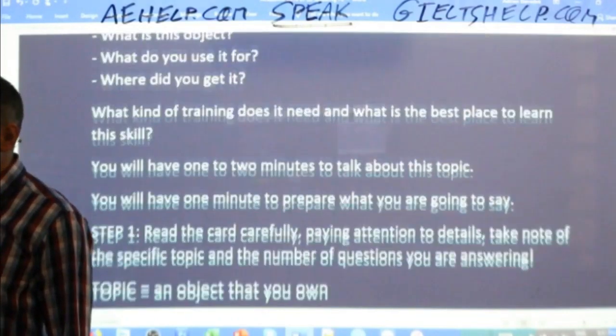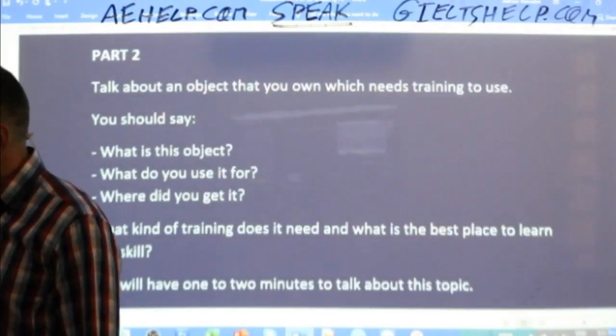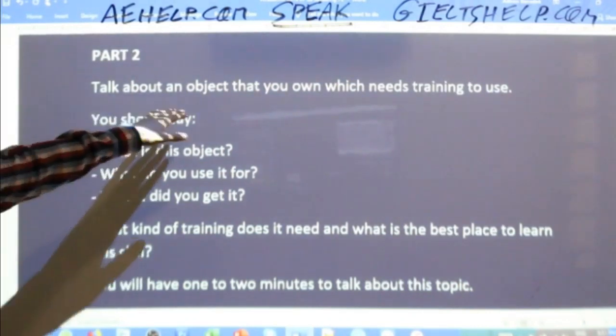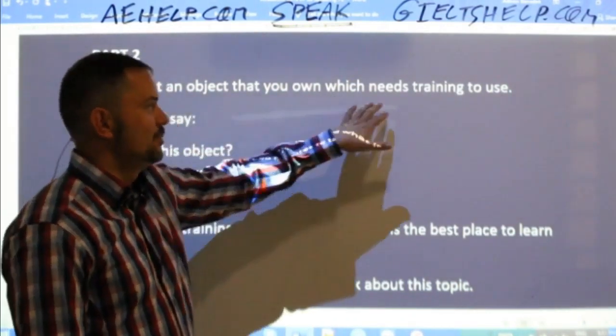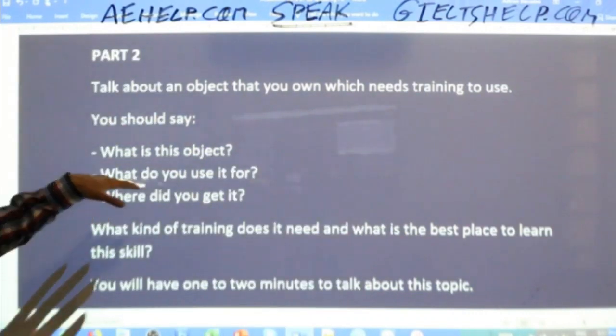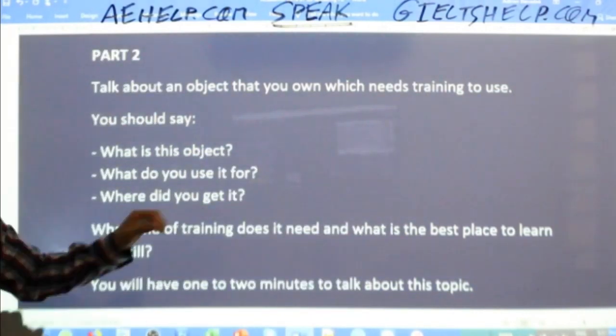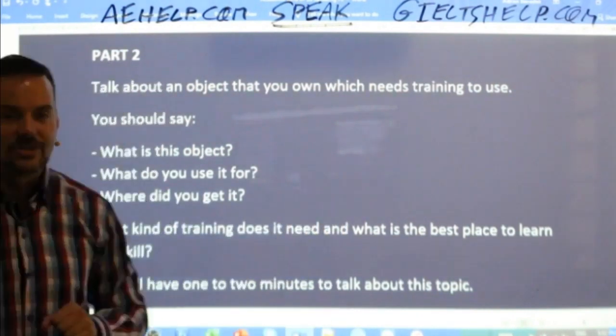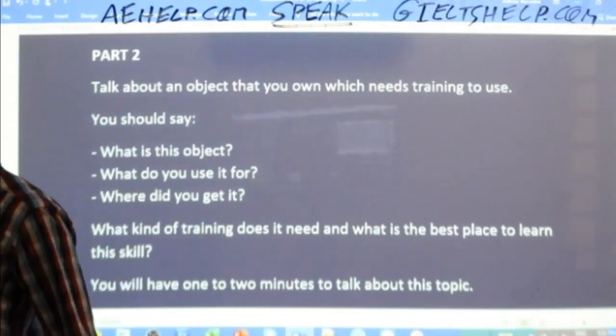Here is the original cue card, part 2. Talk about an object that you own, which needs training to use. You should say, what is the object? What do you use it for? Where did you get it? What kind of training does it need? And what is the best place to learn this skill?